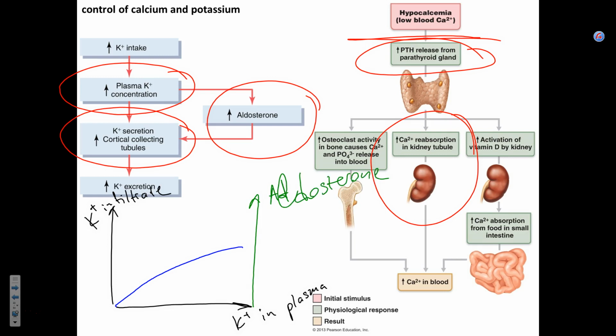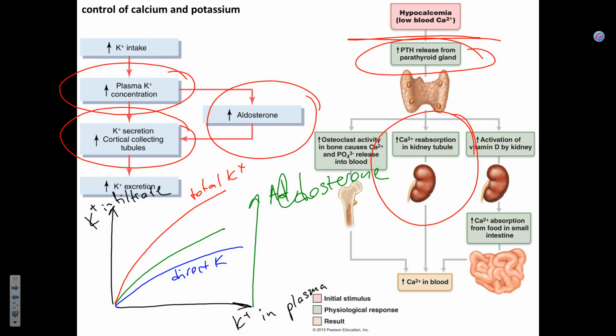Now the green line is going to reflect the concentration of aldosterone. So you see, the more potassium you have in the plasma, the more aldosterone you're going to produce. Does that make sense? And finally, the red line reflects the total potassium excretion. Now compare the red and the blue.